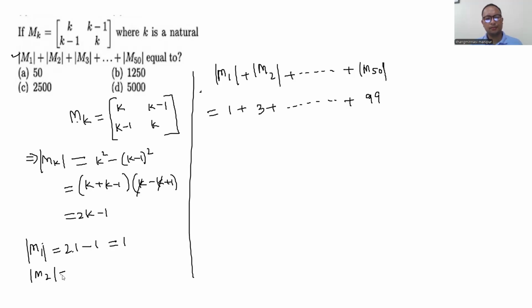M2 will be 2 into 2 minus 1, that will be 3. So we get the odd numbers: 1, 3, 5, and so on up to 99.